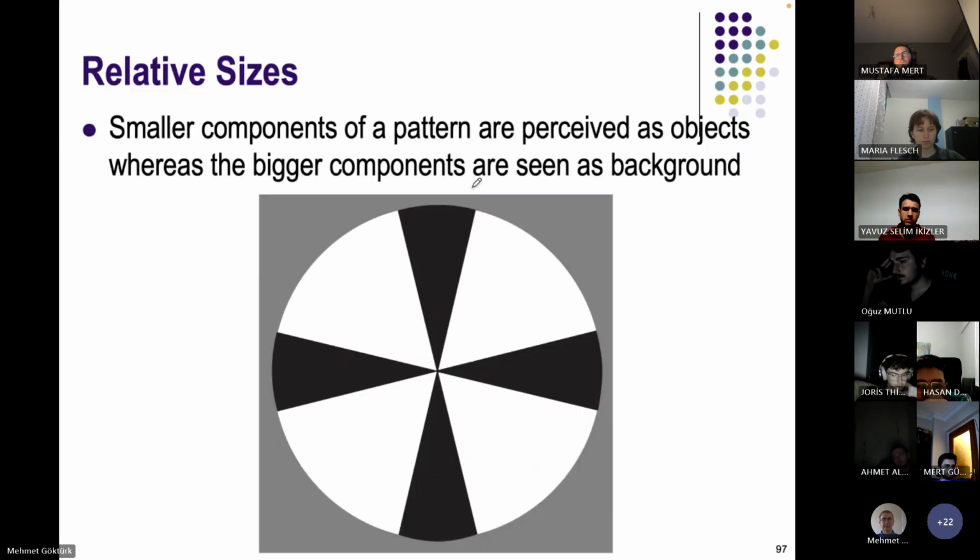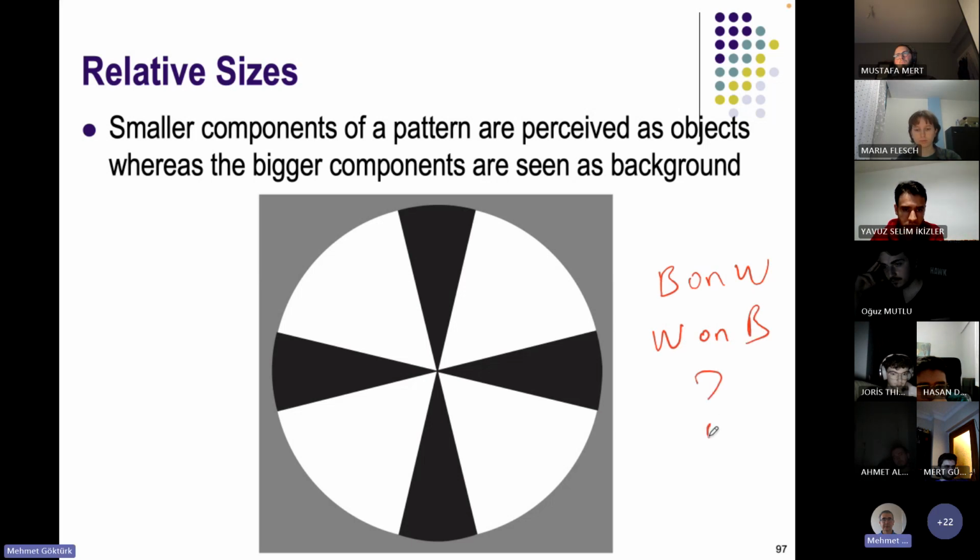Which one is at the background? Black on white or white on black? The answer is, when you are looking from here, small ones are usually perceived as being on the top.